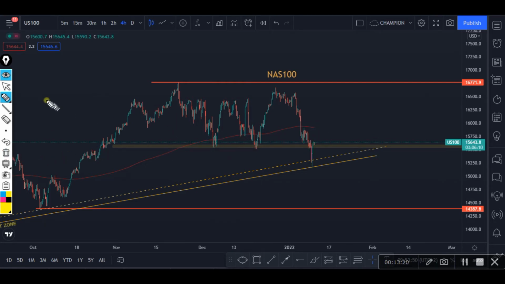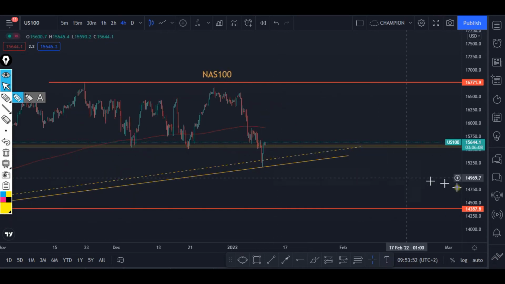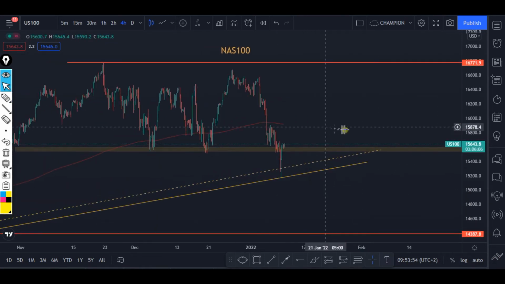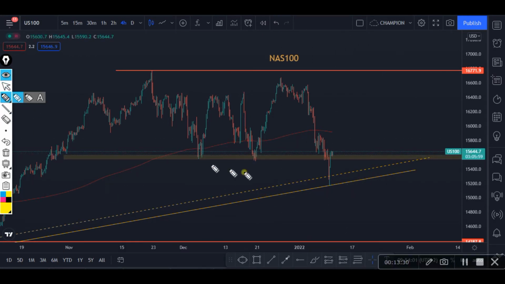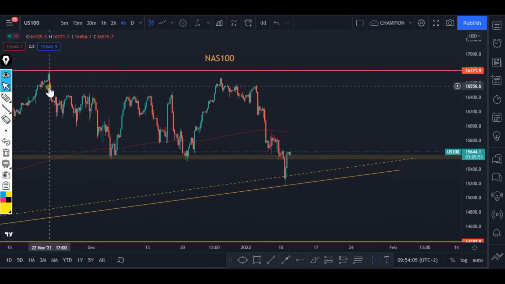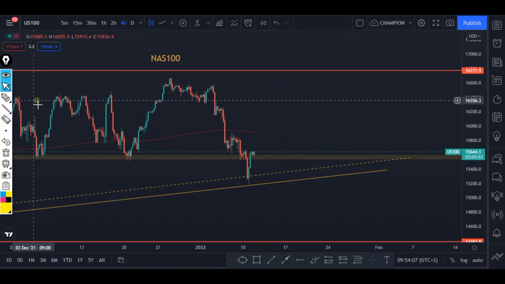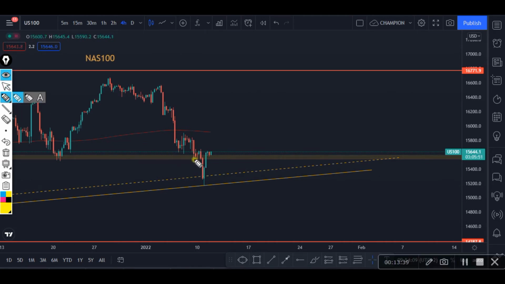Let me try to zoom that clearly so that you guys can see clearly what I'm trying to show you here. Look at this. If you can see what I see here, the market broke out of this support zone.